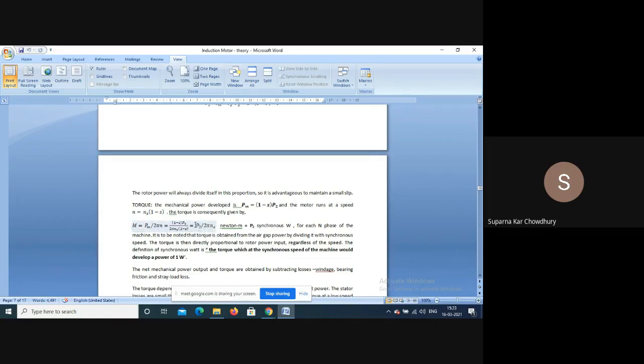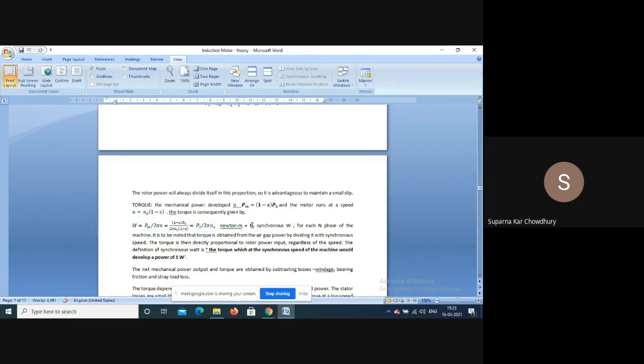So you can see that dividing the rotor power input by the synchronous speed omega S, we can get the torque. So that is why P2 is something, this value is in Newton meter, and sometimes torque is expressed in synchronous watt.